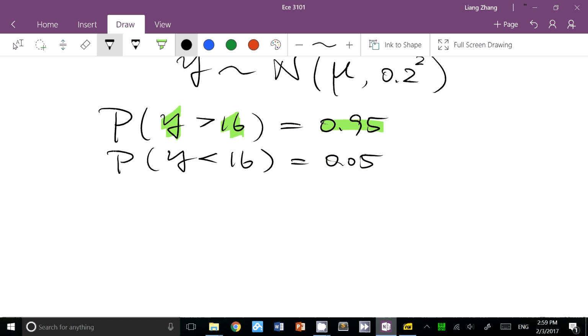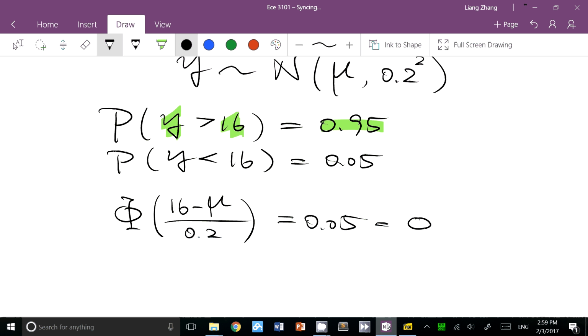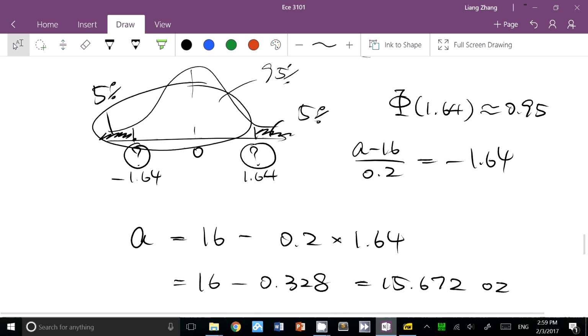And then standardization, or you can directly do phi of 16 minus the new mean, which we don't know yet, divided by the standard deviation. This should be equal to 0.05, equal to phi of negative 1.64 that we found earlier.